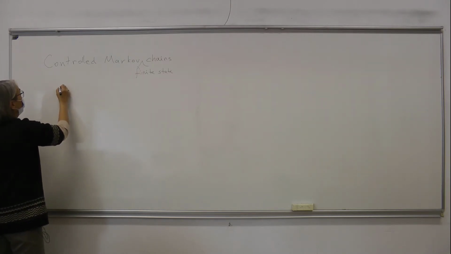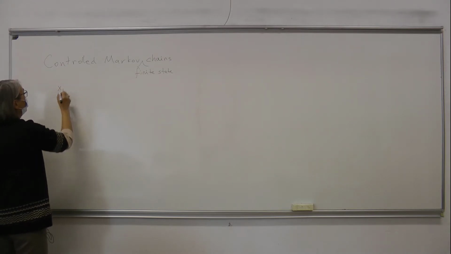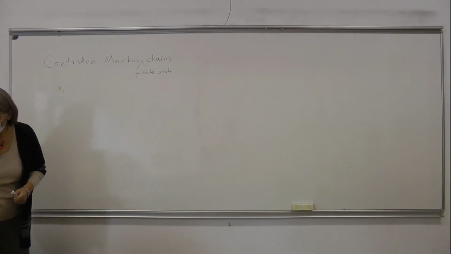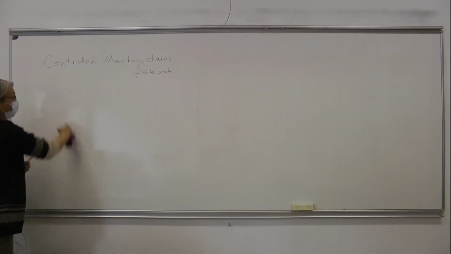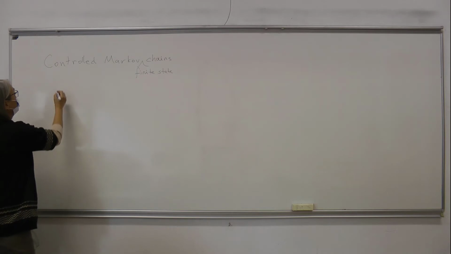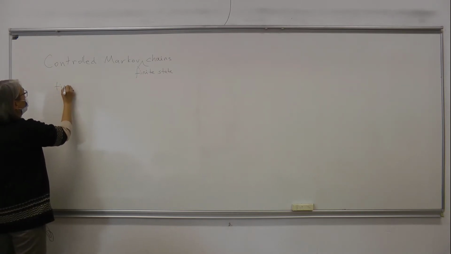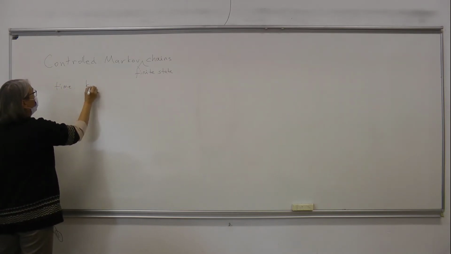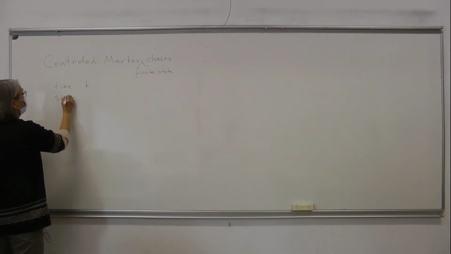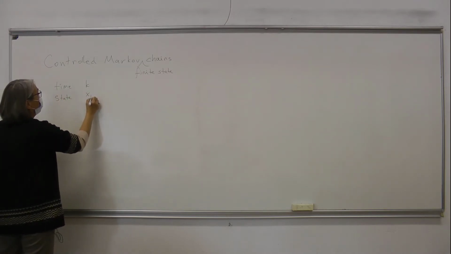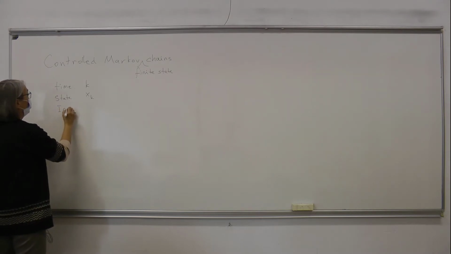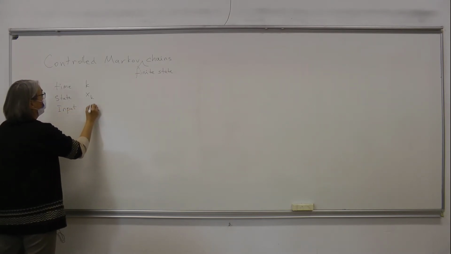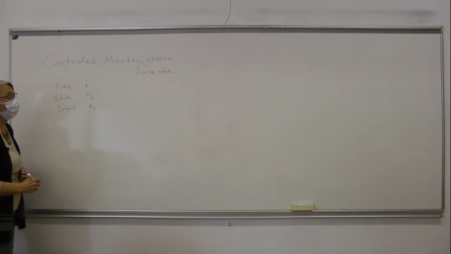I think that you know that in a controlled Markov chain we have x, okay. Now, time is denoted by k, and state is denoted by x sub k at time k, and the input or the control variable is denoted by u sub k.